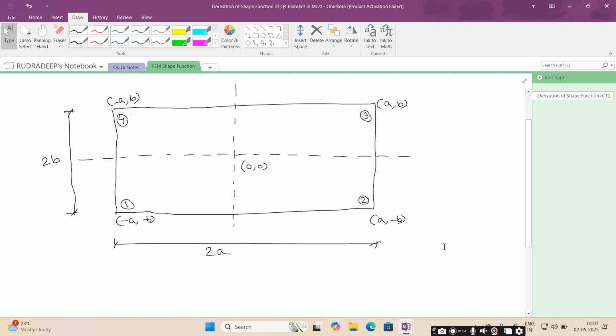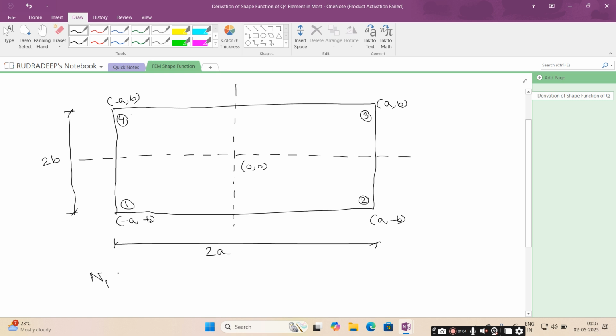Now we have to derive the shape functions for each of the nodes: node 1, 2, 3, and 4. So start with node 1. Let's denote the shape function as N1 at node 1.